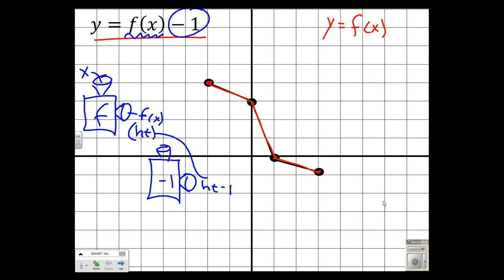So every point is just readjusted with height down 1. So down 1, down 1, down 1, and down 1. And if I plot in those points, connect the dots, I've got a function that is 1 lower than f.